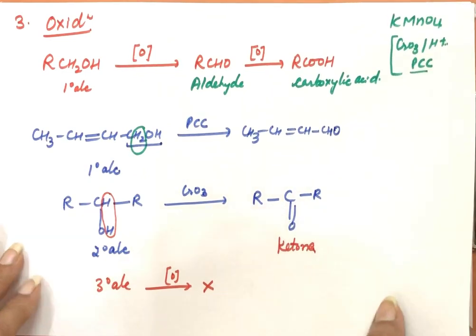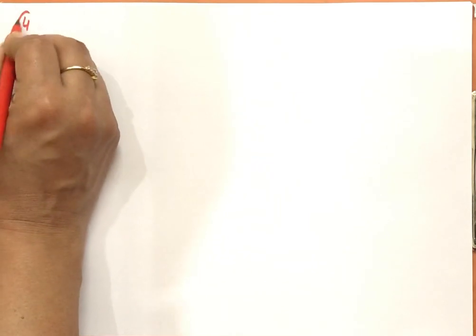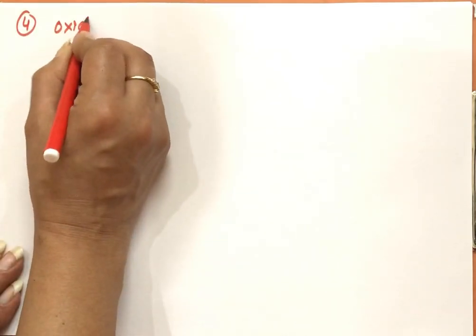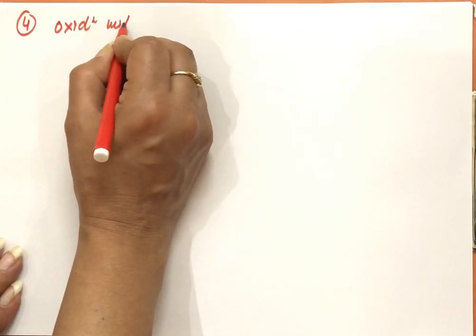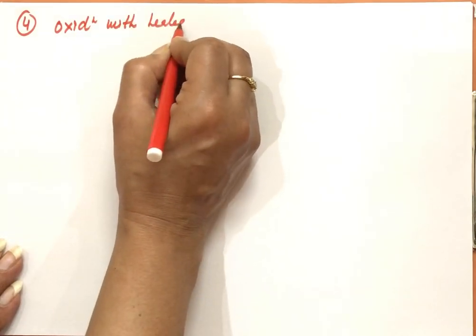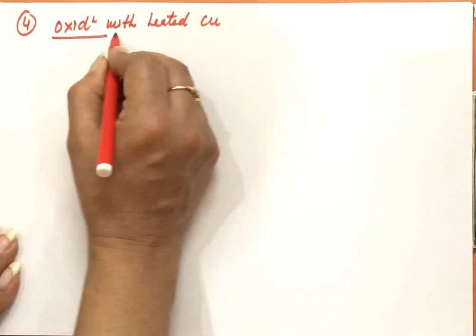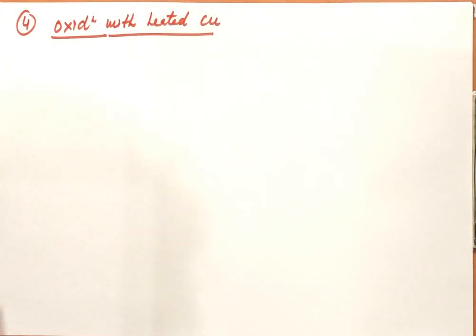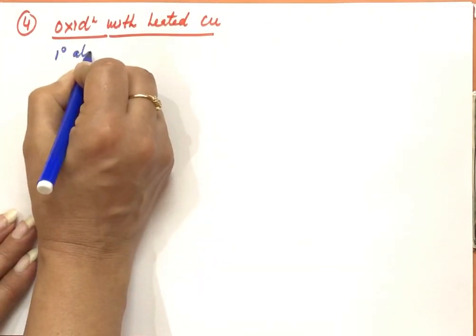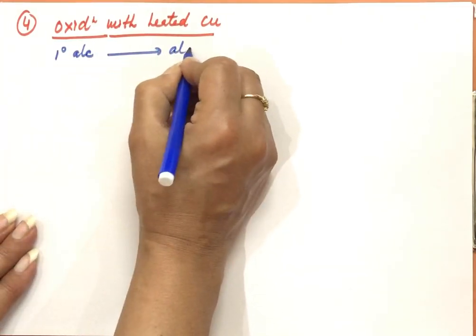Now, the next reaction is also oxidation only, but it's a little different. This is oxidation using heated copper. Even silver metal can also be used here with heated copper. In this case, tertiary alcohols are also reacting. Primary alcohols on oxidation with this will give aldehyde.